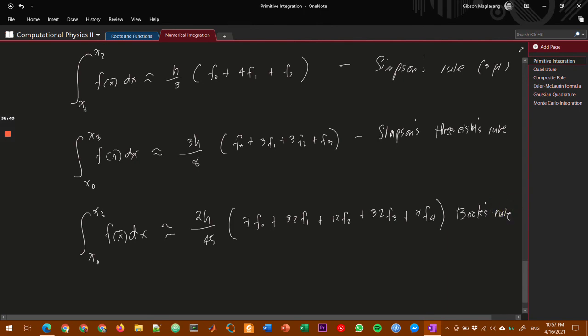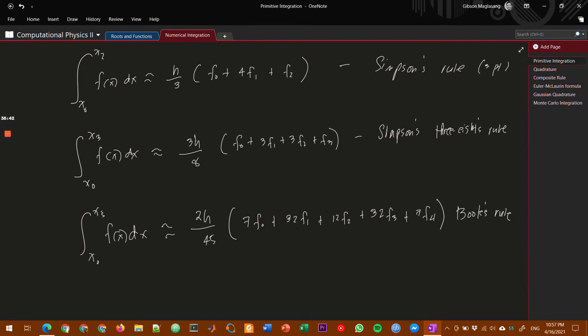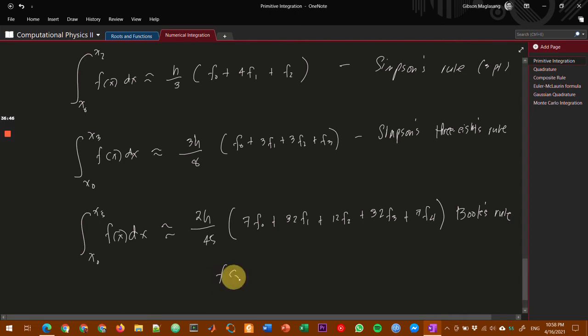So this integration formula, ang gi-require niya is ang f of x is a polynomial. Gi-approximate siya as a polynomial. Right? So kani siya is ang Simpson's rule, order 2 man siya, right? Quadratic, and this is cubic, and this is quartic.